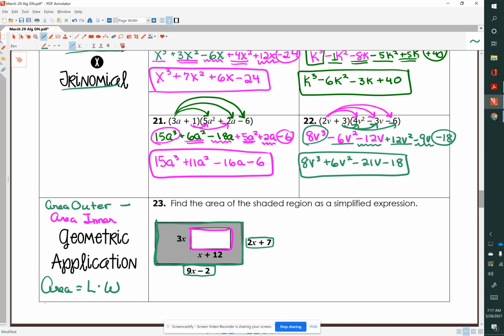So we've got 2x plus 7 times 9x minus 2. And that's the area of the outer box. Now we're going to subtract the area of the inner box. The inner box is 3x times x plus 12.